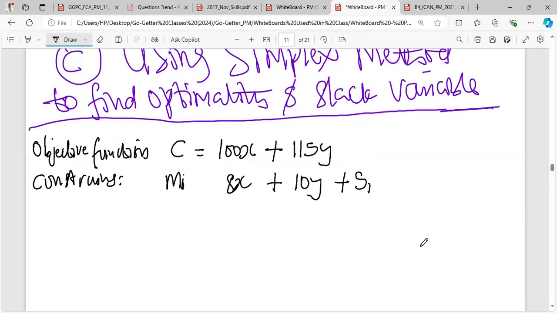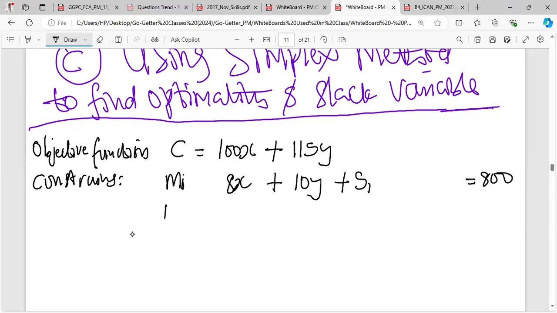There's something I'm going to do here. I'll be giving a lot of space. I'll say equal to 800. Now the question is, why am I giving this space? We'll see that in a moment.